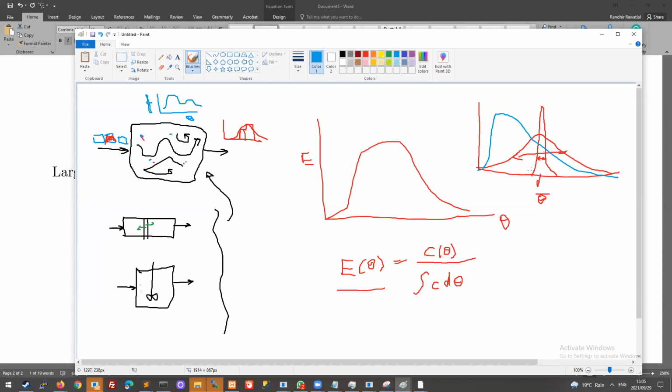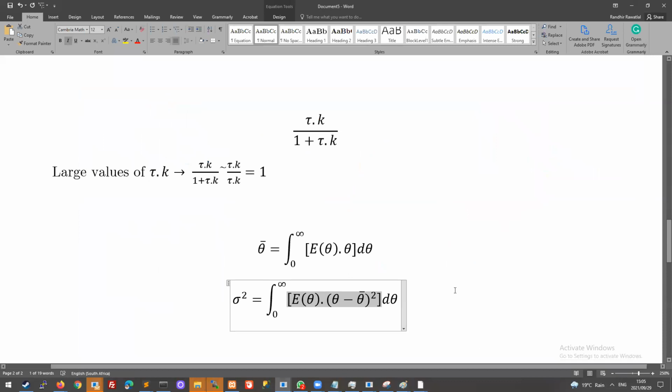So if your mean is sitting here and your curve is skewed to the left or right, then if it's to the left, the skewness will be negative. If it's to the right, it's positive. And then there's also the so-called kurtosis. So how far above the normal distribution is it? So skewness and kurtosis are two other numbers.